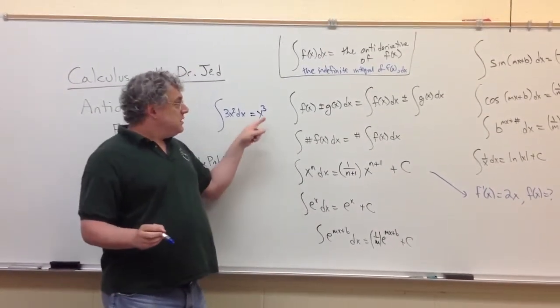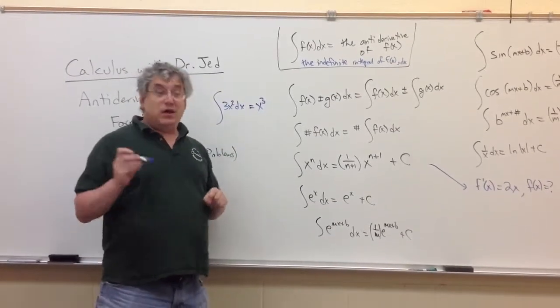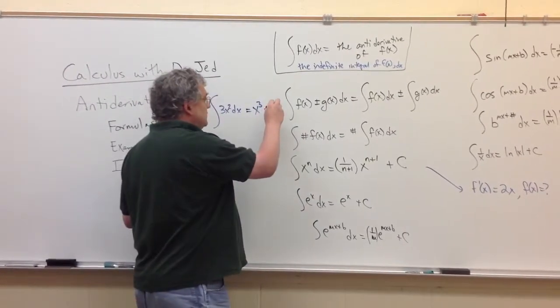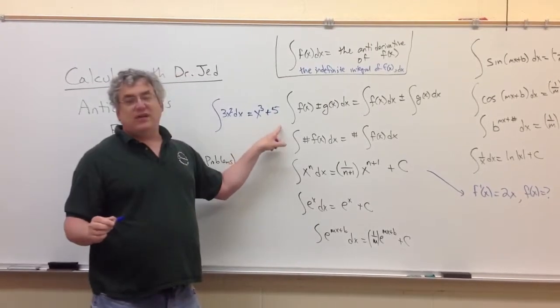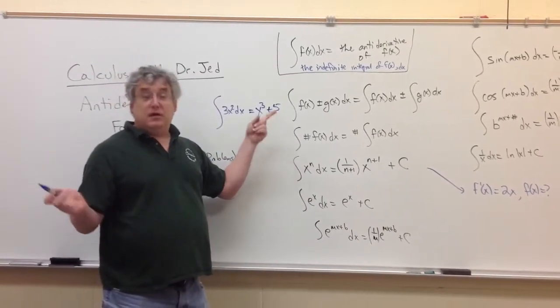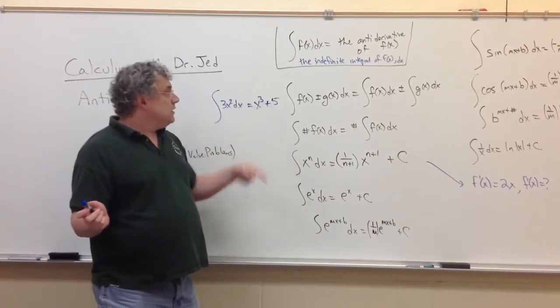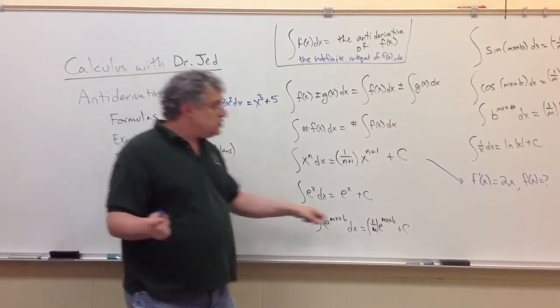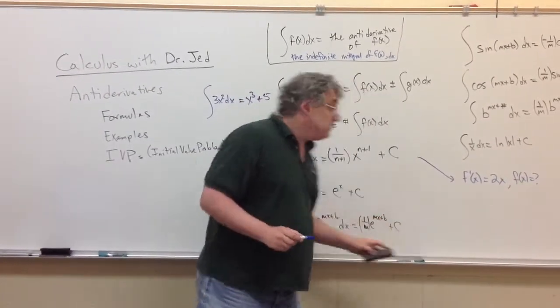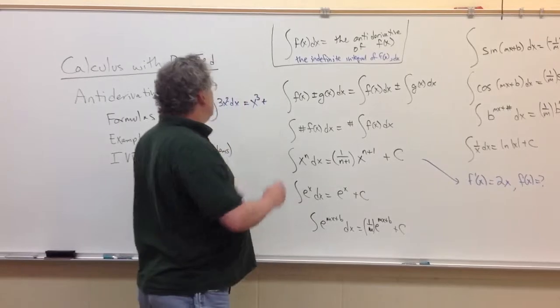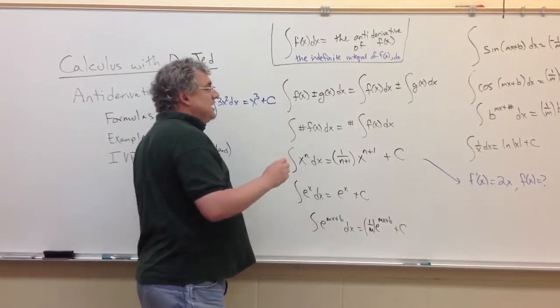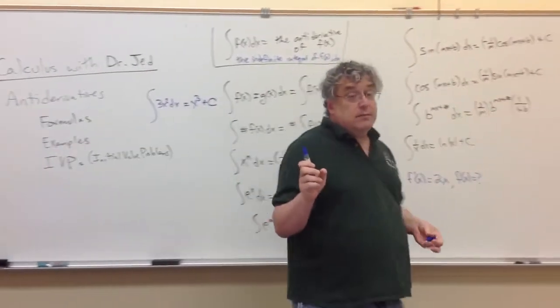Now the thing is, that's not the only choice I could have done. I could have done x cubed plus 5. Why? Because what happens to the 5 when I take the derivative? It goes away. So, it could have been 2, it could have been 7. So usually for these which are called indefinite antiderivatives, we put plus c. C meaning any number you want.